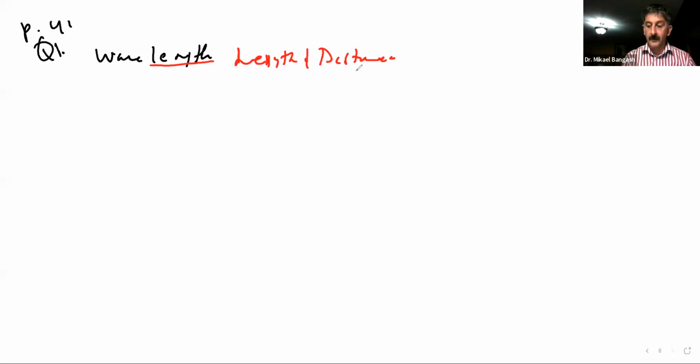Clear? And the unit that we have for wavelength or distance is millimeters. Clear?